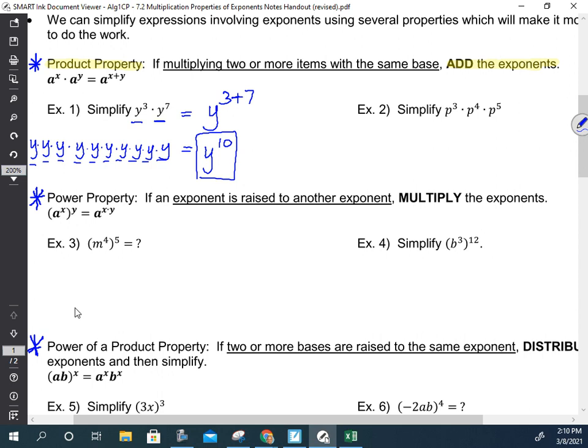So if you count those out, that's 10. So you can write them out all the time, or you can use the property. So if you're multiplying two or more things with the same base, keep the base, add the exponents. Either that or you can write them out all the time, which after a while will suck.